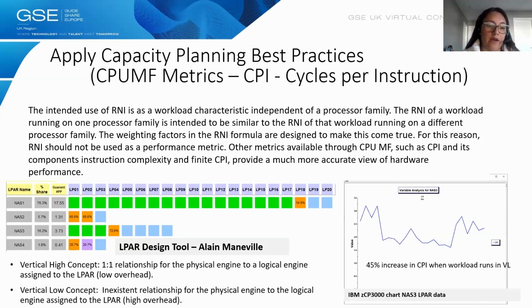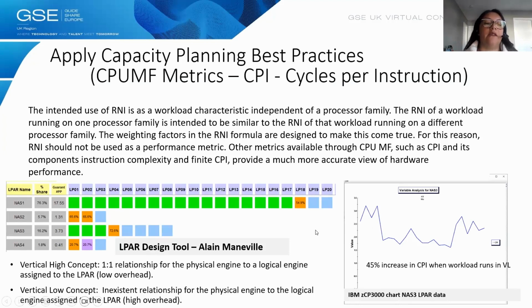But whenever an LPAR is processing work at a high peak and using the vertical lows, that one-to-one relationship is not true anymore. So there is more probability that the data being processed would be fetched from L3 and L4 cache, and therefore it will consume more cycles per instruction, like it's showing here in this graphic.